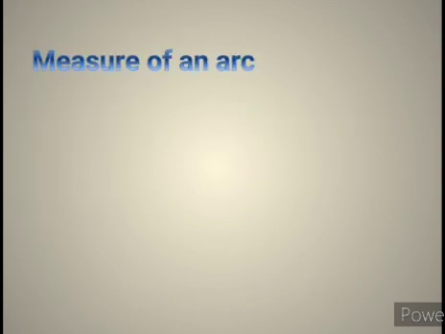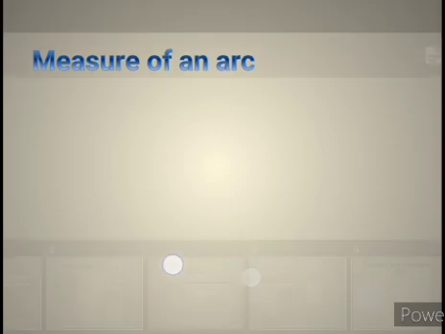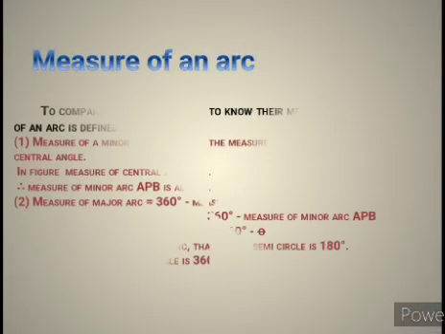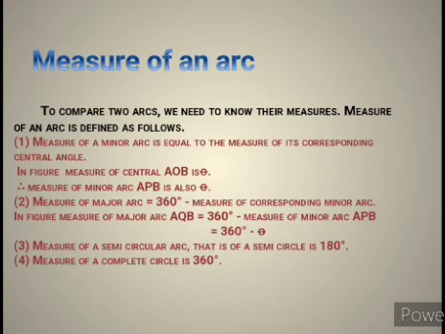Here we have another point, measure of an arc. To compare two arcs, we need to know their measures. Measure of an arc is defined as follows. First, the measure of a minor arc is equal to the measure of its corresponding central angle. In the figure, the measure of central angle AOB is theta. Therefore, the measure of minor arc APB is also theta.